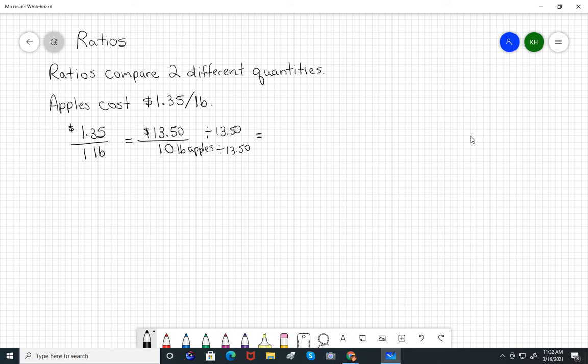We would get $1.10 divided by $13.50 will buy you 0.74 pounds of apples.